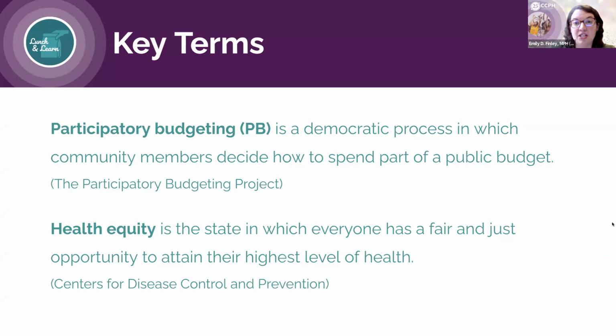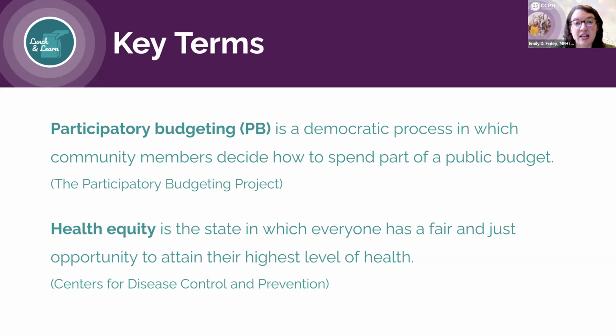And participatory budgeting, or PB, is a strategy for creating fair, equitable compensation structures that directly benefit local communities. Now, the public budget could be a municipal budget, or it could be something like a budget from a funder to fund special projects.